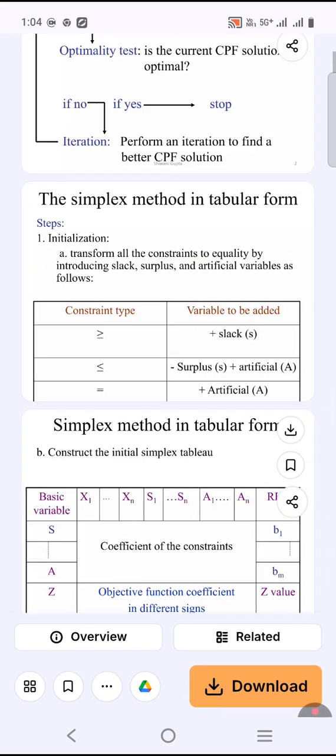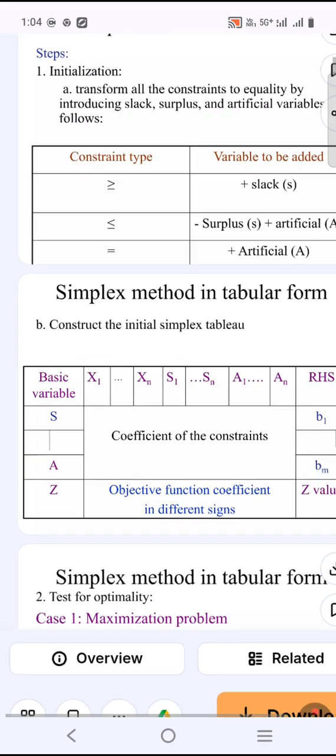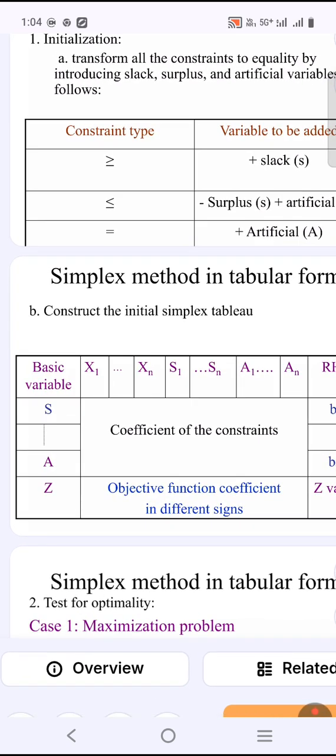Then, in the simplex method in tabular form, construct the initial simplex tableau.